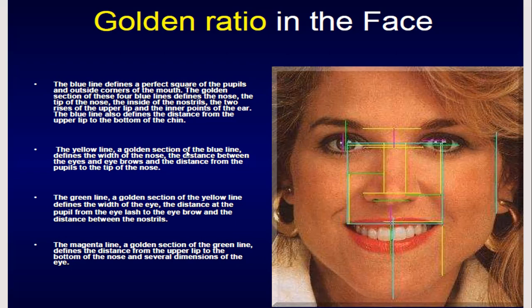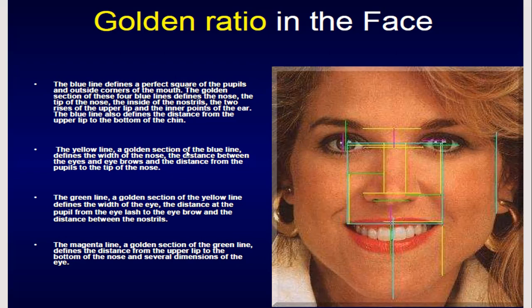Okay, the yellow line, a golden section of the blue line, defines the width of the nose, the distance between the eyes and eyebrows, and the distance from the pupils to the tip of the nose. The green line, a golden section of the yellow line, defines the width of the eyes, the distance at the pupil from the eyelash to the eyebrows, and the distance between the nostrils.